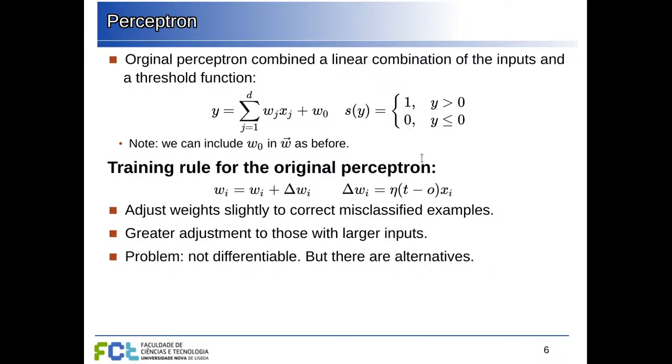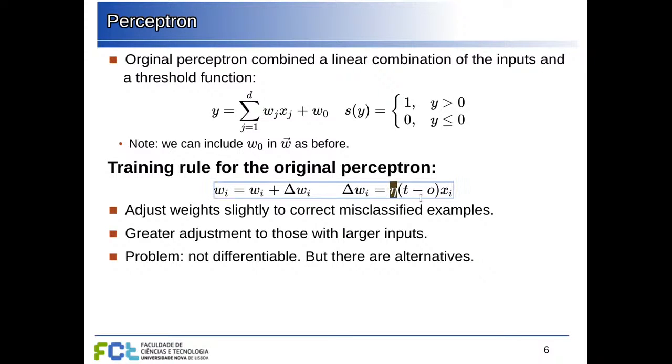This was the original perceptron, and the rule for training the perceptron was quite simple. For each example, we would compare the target value that we wanted. Each example could have a class of 1 or 0, and this would be the target value for the example. And we would compare that with the output of our perceptron.